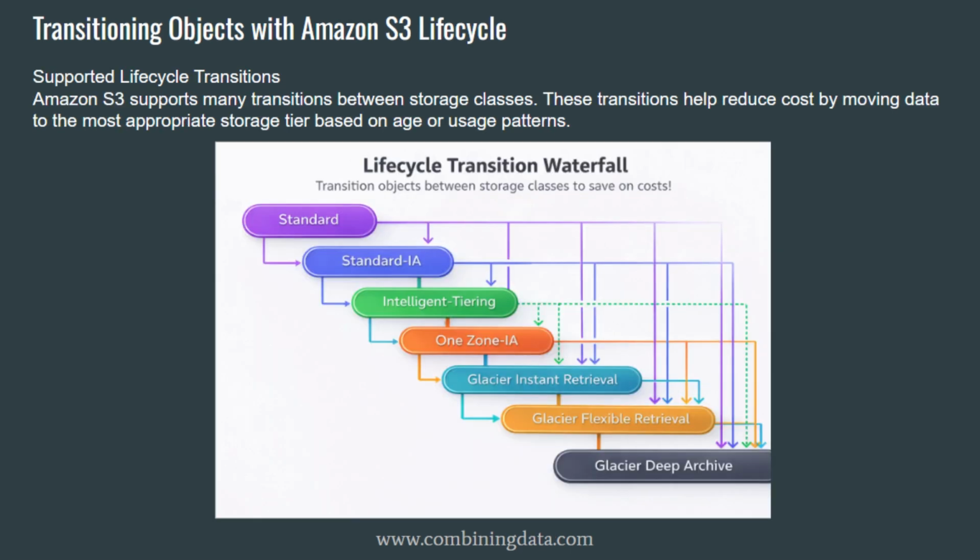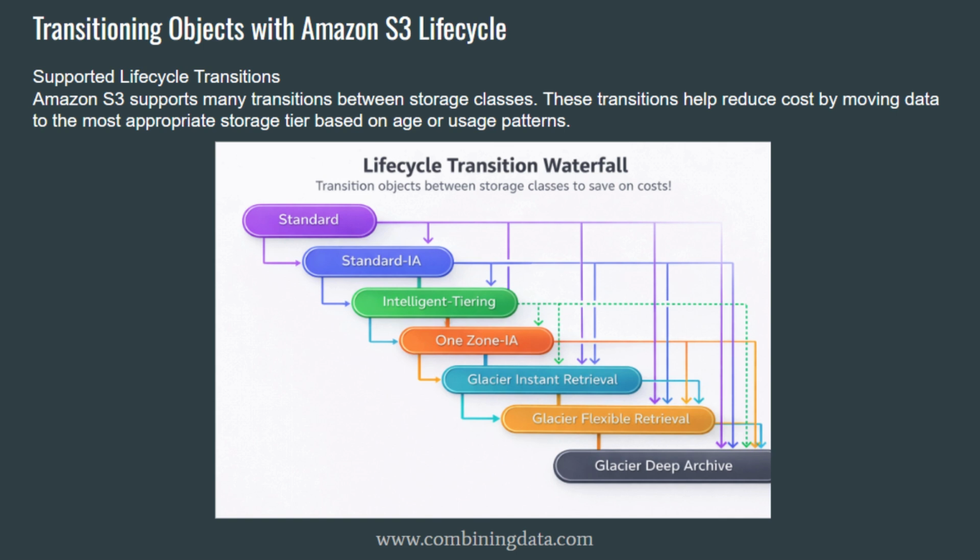Amazon S3 supports a wide range of lifecycle transitions, and it's important to recognize these patterns for the exam. Objects stored in S3 Standard can transition to nearly any other class, including Standard-IA, One Zone-IA, Intelligent-Tiering, and all Glacier tiers. Objects already in Standard-IA can transition further into archival classes.